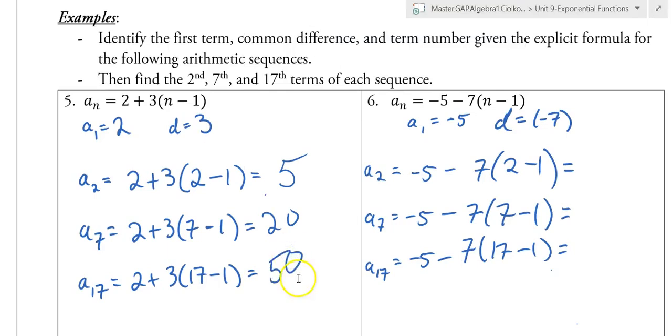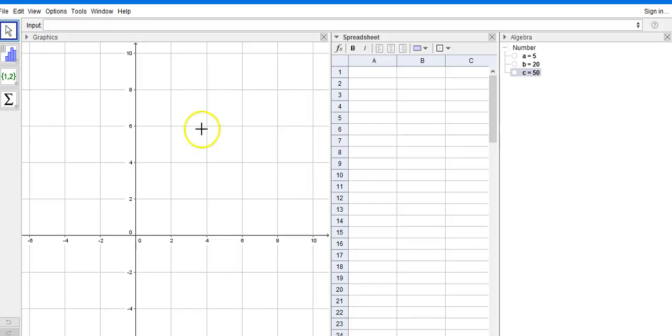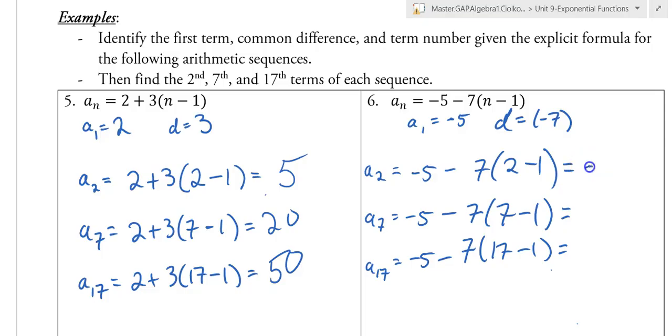With our other ones here, again we type it just how it looks. Negative 5 minus 7, parentheses, 2 minus 1, negative 12. And you can go ahead and find the rest of those answers following that same formula.